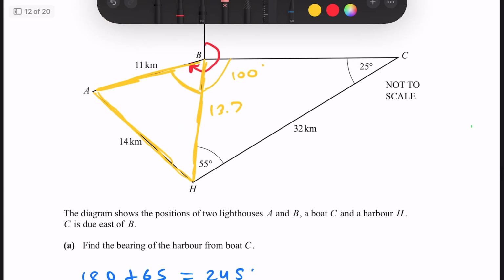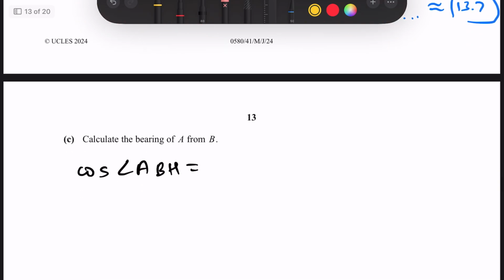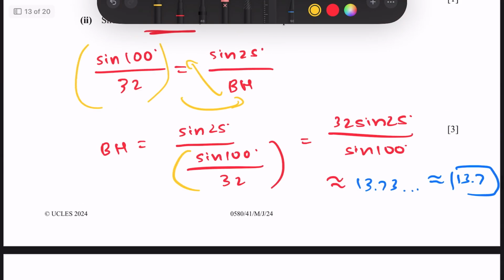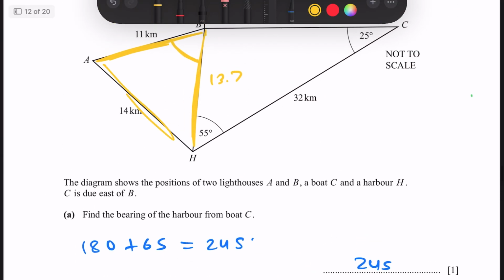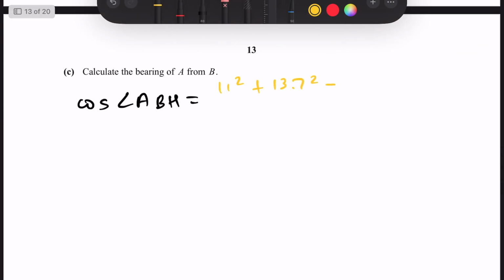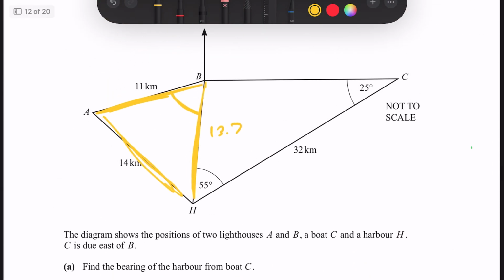But what is a square, b square, and c square is our new question. Let me erase this to make it as simple as possible. Our a square and b square would represent the two sides that are connected to it, i.e. in this case 11 and 13.7. So 11 square plus 13.7 square minus the side that's opposite to it. So in this case 14 squared, divided by 2 times a times b, and again a is equal to 11, b is equal to 13.7.